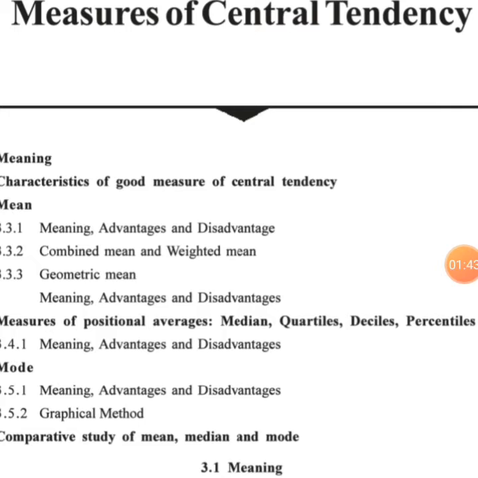We are also going to talk about quartiles, deciles and percentiles, their advantages and disadvantages, and at the last we are going to see what we mean by mode and a comparative study of all the basic measures of central tendency, that is mean, median and mode.